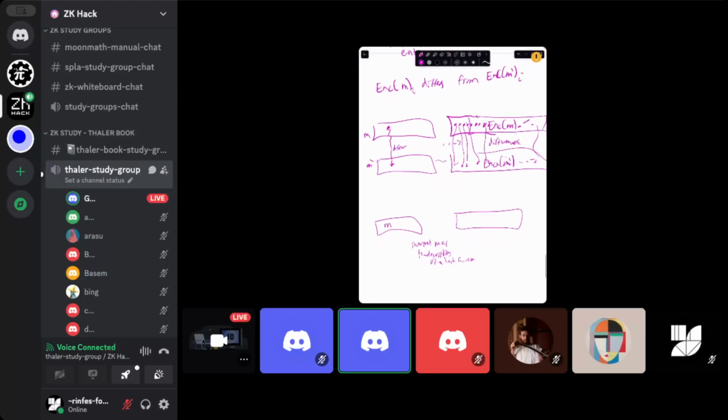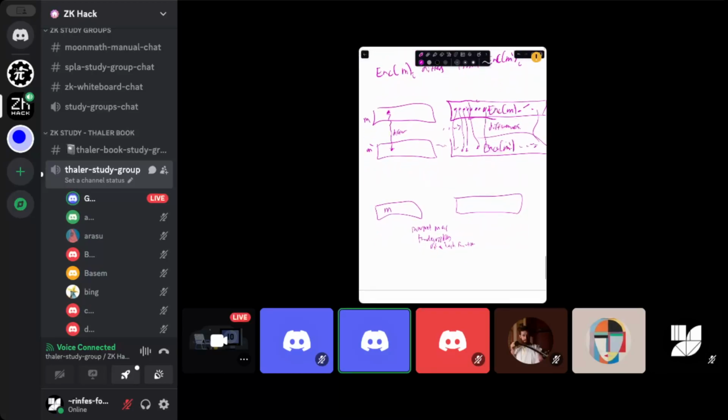You're right that if M and M prime differ in even a single entry, then with a good hash function the hashes will differ, with overwhelming probability, or, for a cryptographic hash, there's a computational hardness statement one can make.